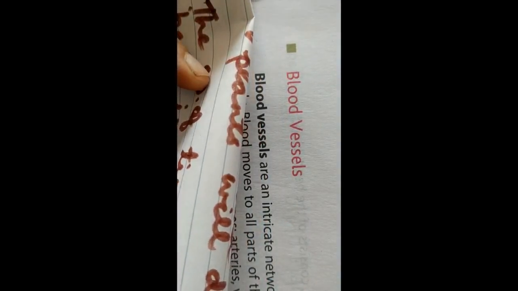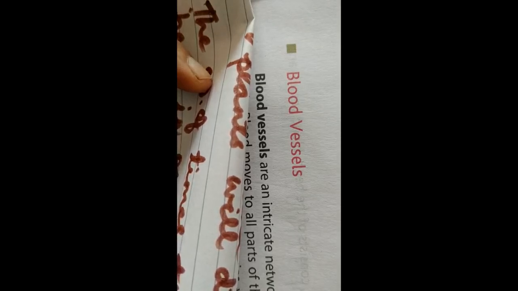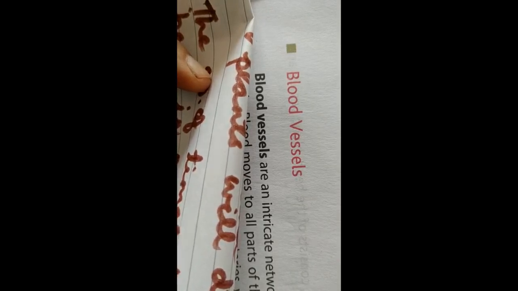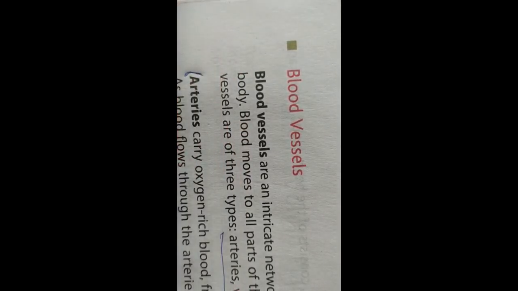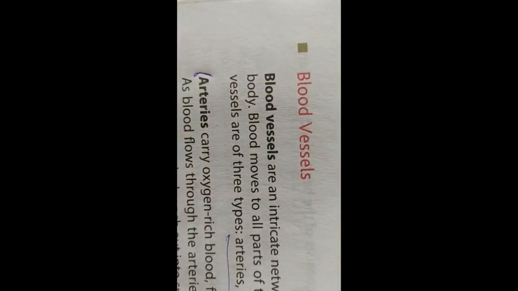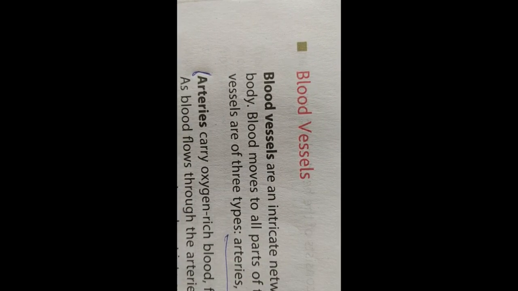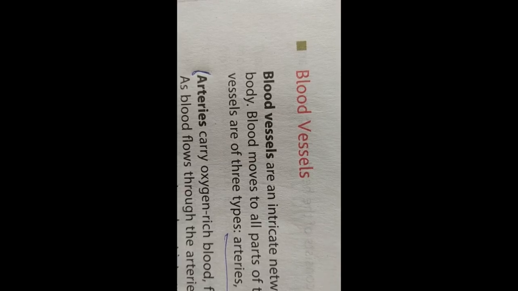Now question number E4. Give one function each of RBC, WBC and platelets. See children, it is given in page number 120. Last line you see. In page number 120, the last line says RBC are cells containing the protein molecule which is known as hemoglobin, and this hemoglobin transports oxygen to different parts of the body.